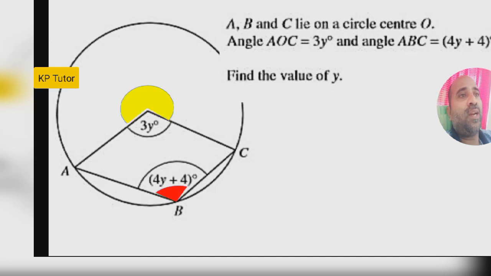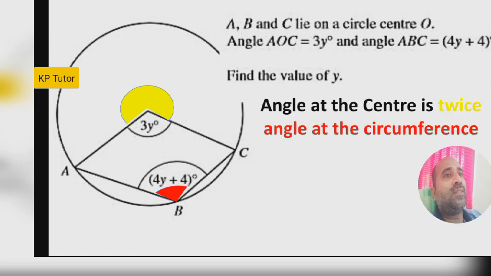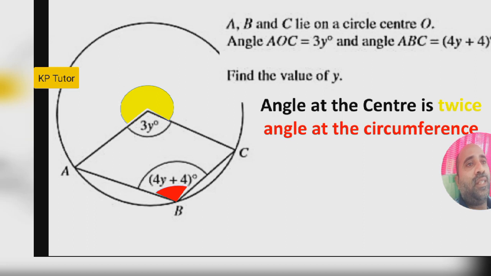So these two angles, how can we connect? One is angle at the center, the yellow marked angle, then that red color angle is at the circumference. So we can just recall the theorem, angle at the center is twice angle at the circumference.